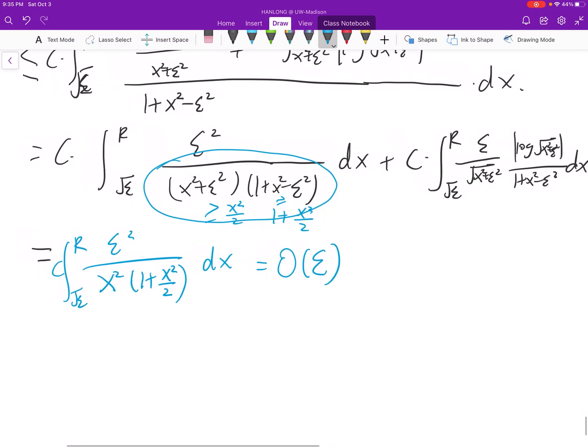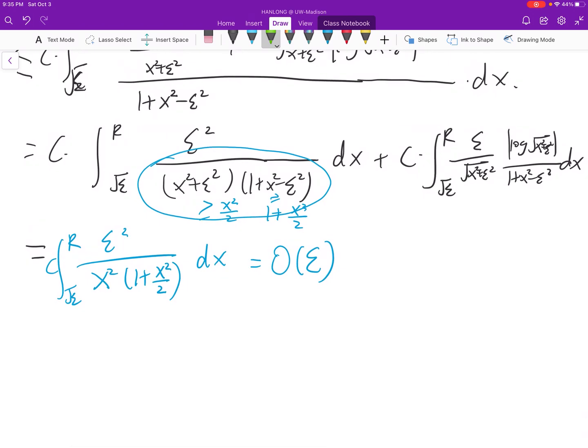Okay, and then for the second part, the denominator you can also drop it to 1 plus x squared over 2, and then for the numerator you have either log x absolute value plus log 2 or log x. So you can replace this by this quantity.